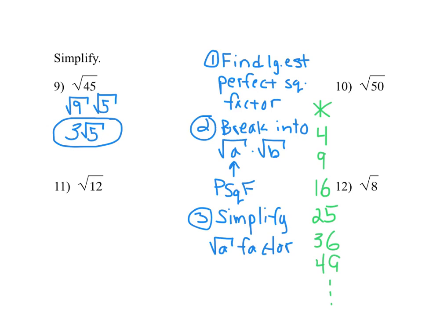And both of those on your calculator are going to come out to be approximately 6.7. So you can always make sure that you have done your simplification correctly by using your calculator to check that the simplified version goes back to what the original decimal would be.